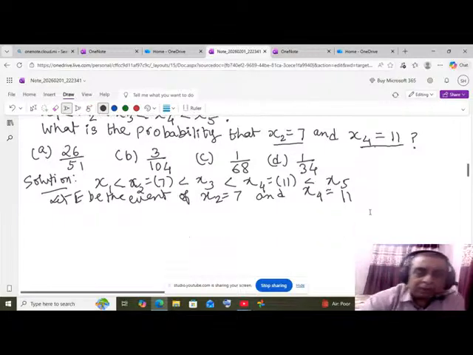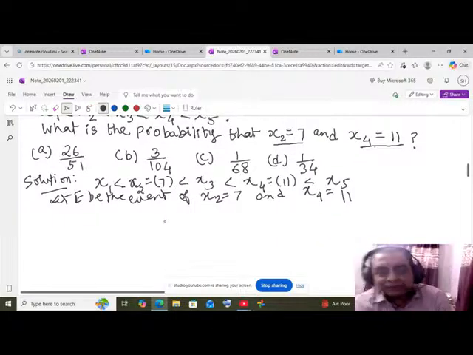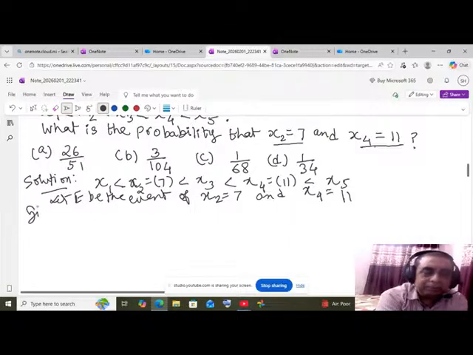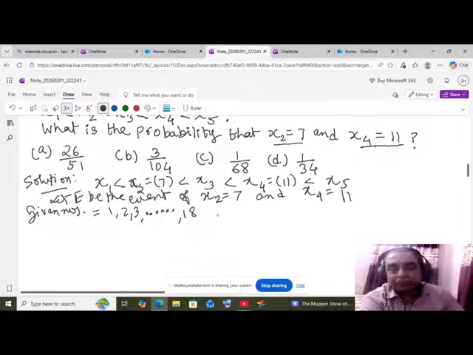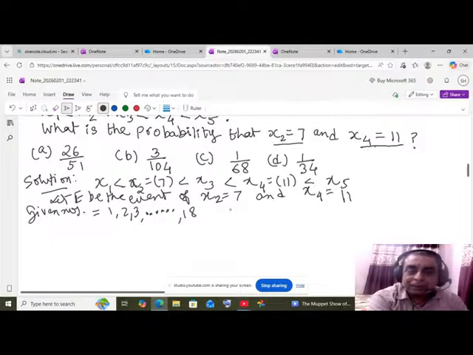Now the given numbers are from 1, 2, 3, up to 18. These are the numbers from which we have to choose five numbers x1, x2, x3, x4, x5. So let S be the total sample space.